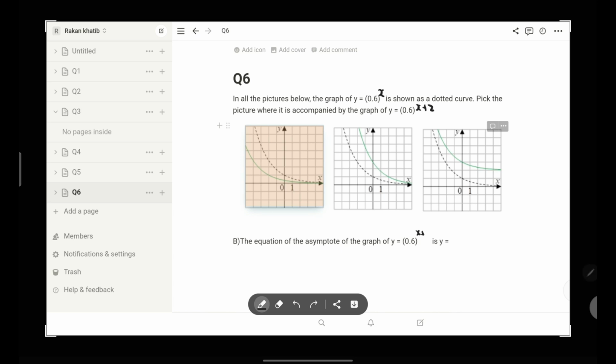So let's look at our options here. So x equal to 1, we need to get 0.216. Does that look like 0.216? Yeah, it does. So we'll just keep that as one of our options. Here, x equal to 1 again. Does that look like 0.216? Not at all, so we just cross this out.